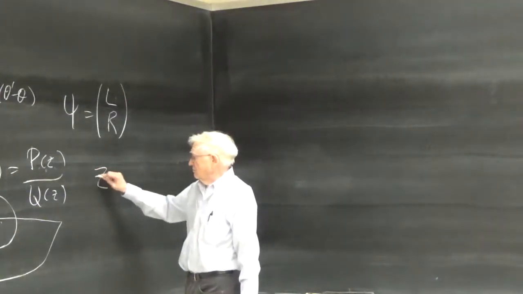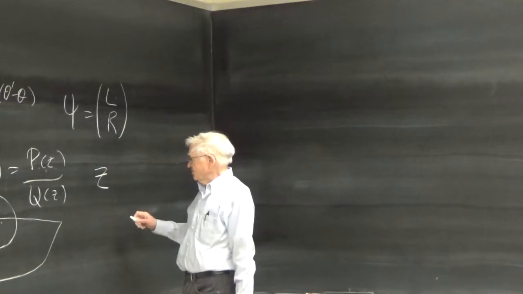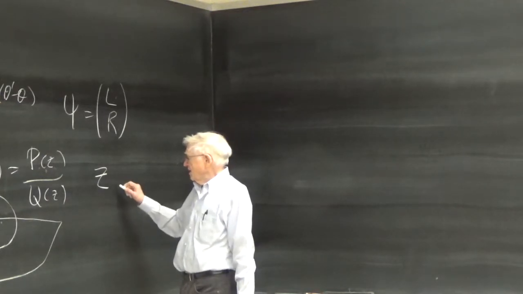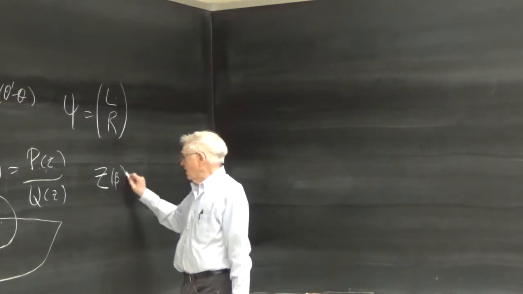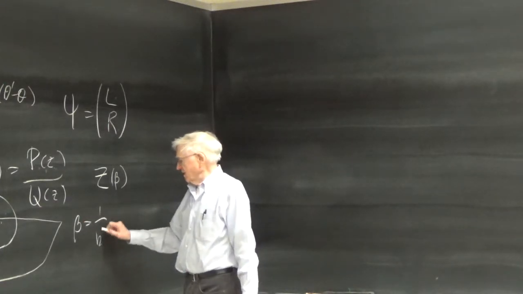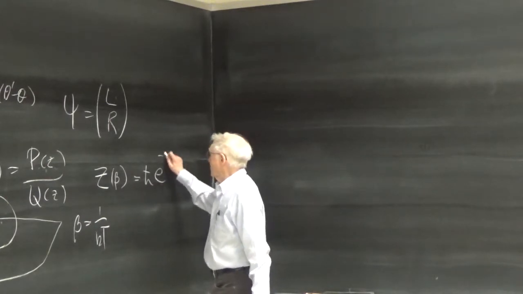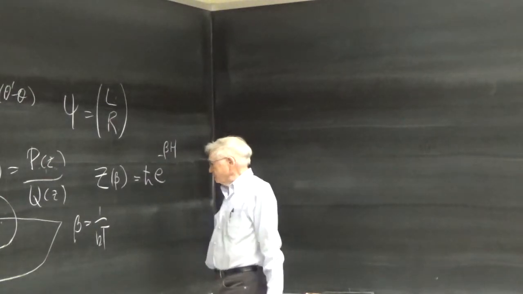The partition function at inverse temperature beta, 1 over kT, is the trace of e to the minus beta h.